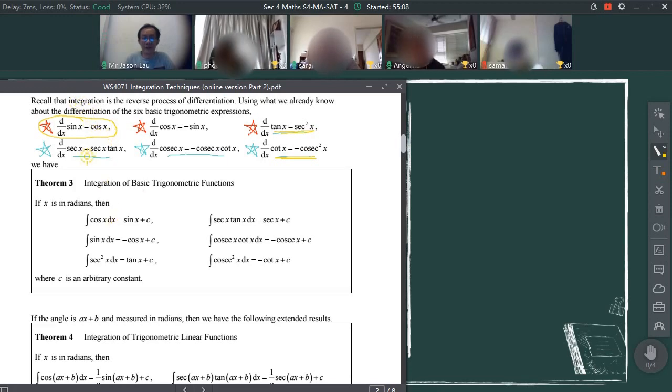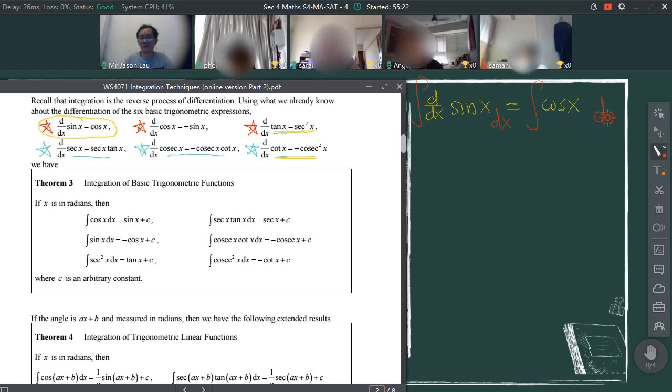So when I reverse the process, I write here. Then reversing the process means I'm going to integrate both sides, like that. I use the notation in this way, integrate both sides.